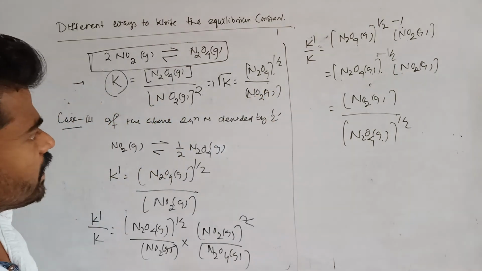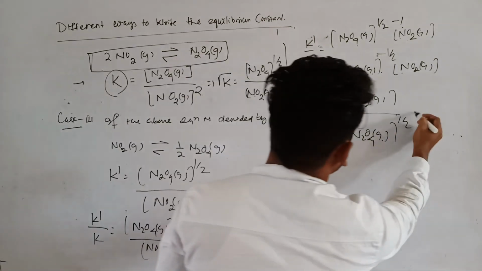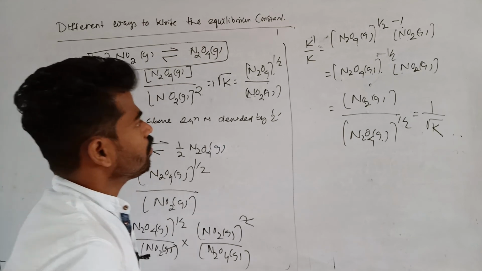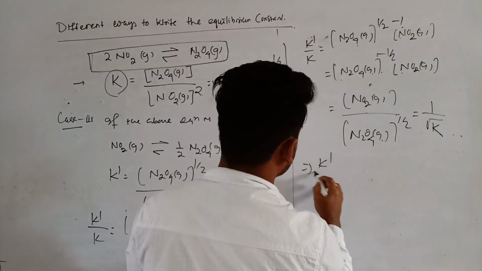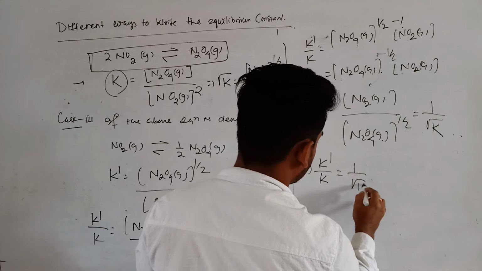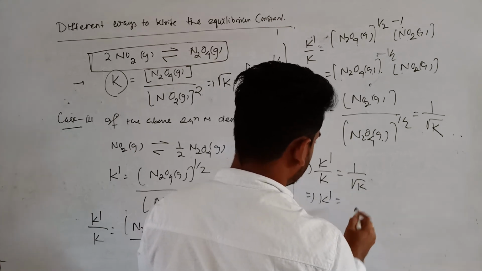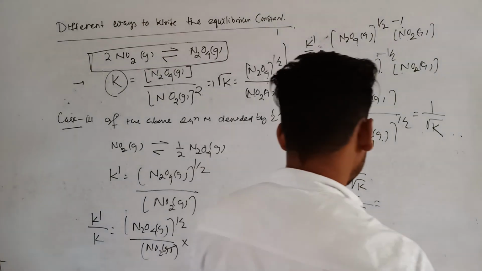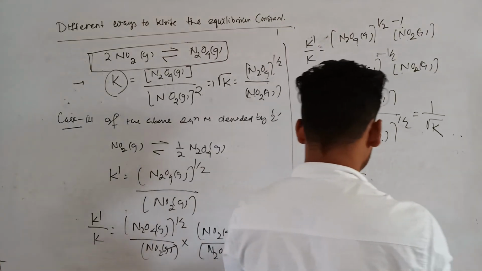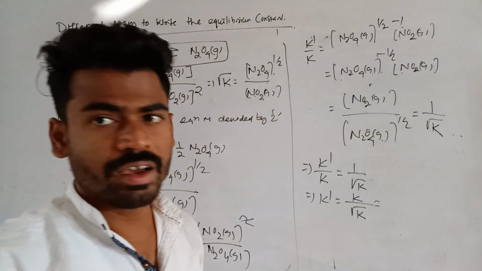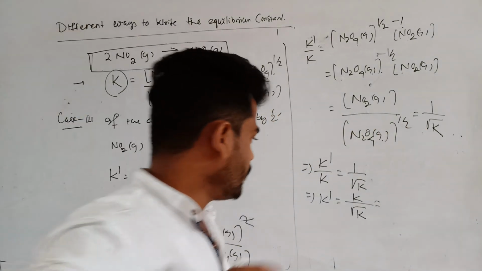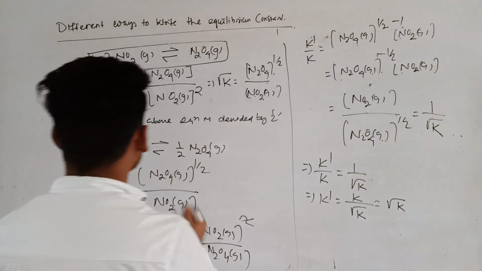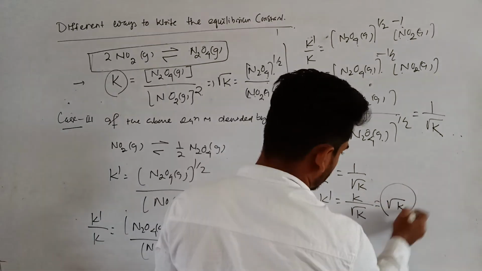So I can directly write over here this one as 1 by root K. So K dash by K is equal to 1 by root K. So K dash is K upon root K. So finally I can get K dash equal to K upon root K. You see, as I have divided the equation by factor 2, I have got root K.